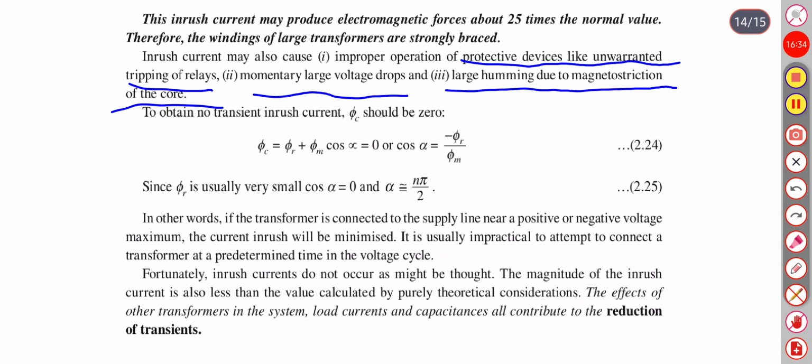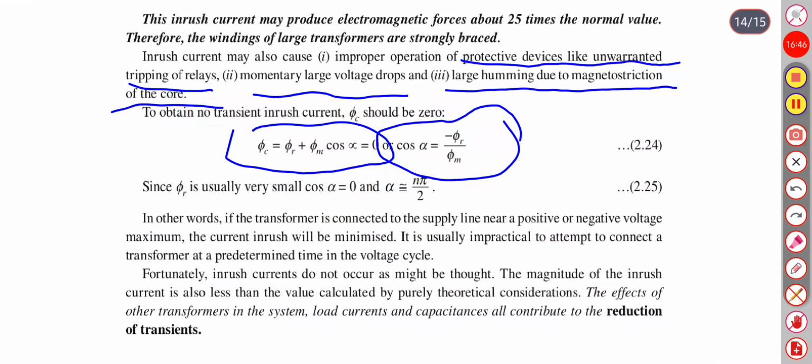To obtain no transient inrush, phi c should be 0. So this should be 0. Then cos alpha will be minus phi r upon phi m. Since phi r is usually very small, cos alpha equals 0. Therefore, alpha equals n pi by 2.